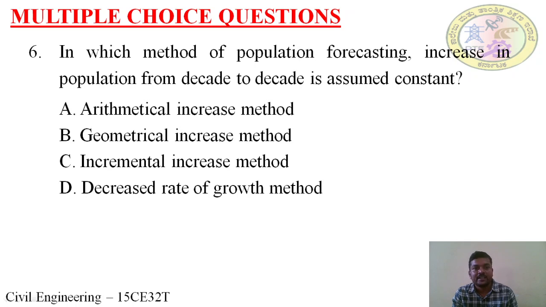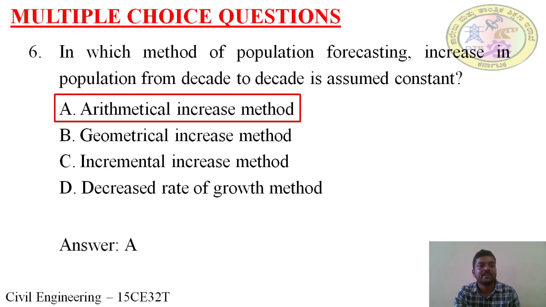Option D, decreased rate of growth method. The correct answer is the arithmetical increase method. Here, the rate of change of population with respect to time is assumed constant. So the correct answer is the arithmetical increase method.